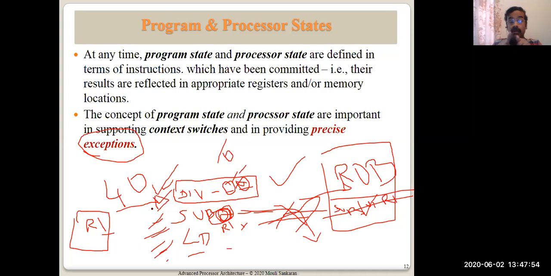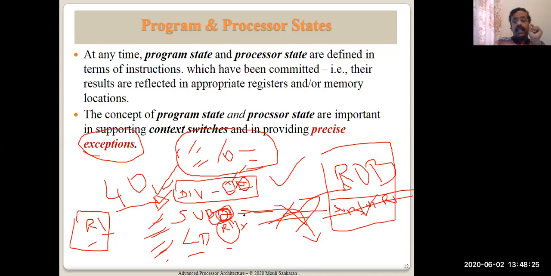If you remember in the Arduino class, we saw register content on Atmel Studio, right? What will it show? It will show the register content of these instructions. Whatever it has stored, it should show only those values. It cannot show the newly computed R1 value because it is still in the ROB only. It has not gone to R1, so it cannot show.